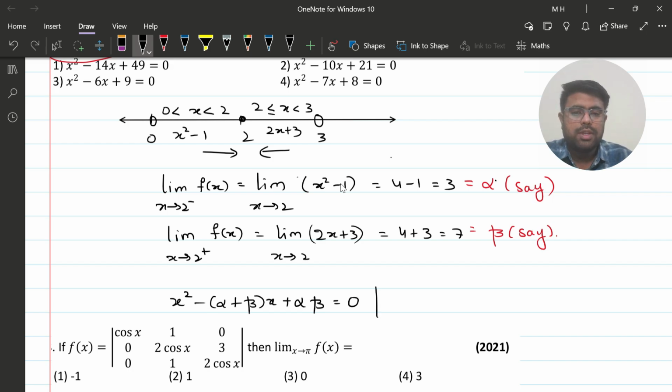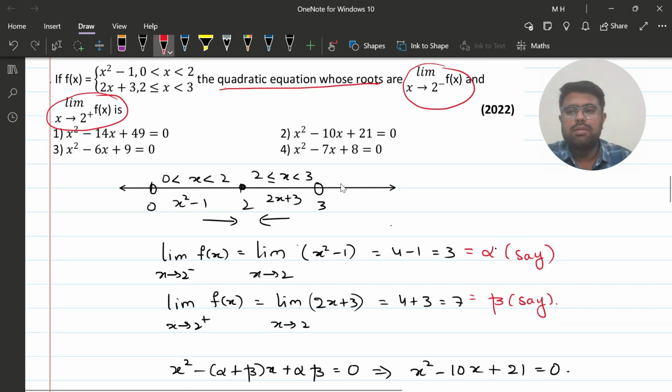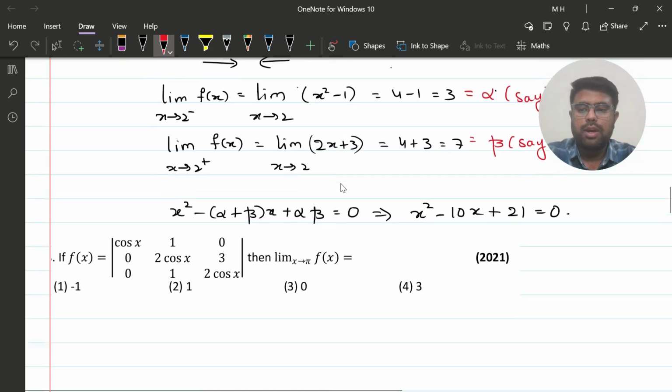So this will give us x square minus 10x, since alpha plus beta is 7 plus 3, plus alpha beta, which is 21, equal to 0. So if you check, it must be option 2, that is x square minus 10x plus 21 is equal to 0. So this is what you have.